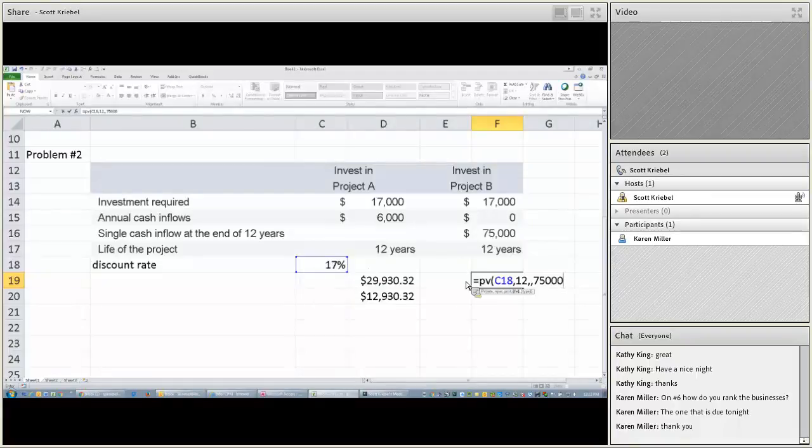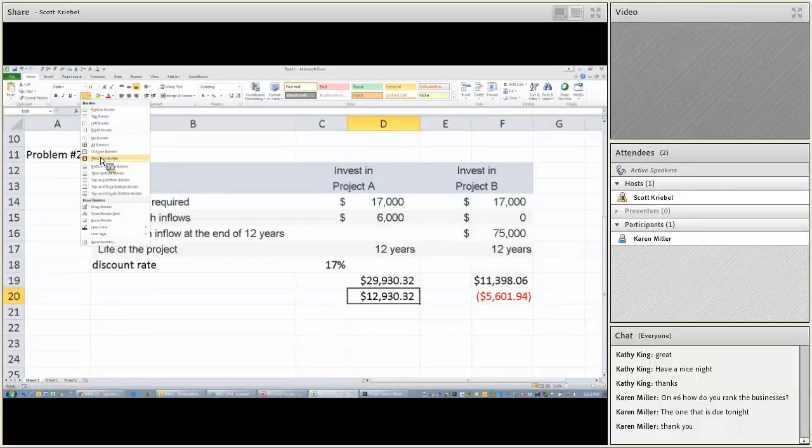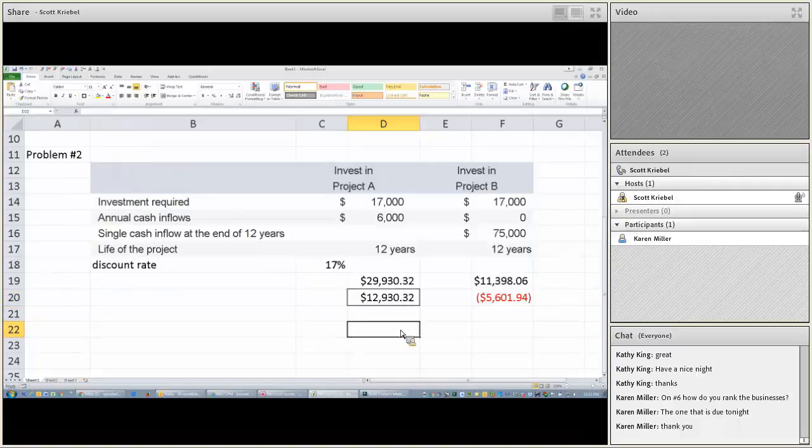Okay, and again, we're going to make that negative, so we can see the positive result. And that's only going to give us $11,398.06 in present value dollars. And if you subtract the $17,000 initial investment, that gives us a loss of value of $5,602. So clearly we would choose project A because that gives us the most value of the two.